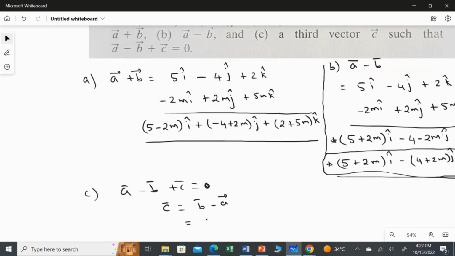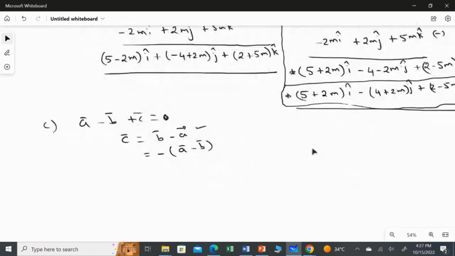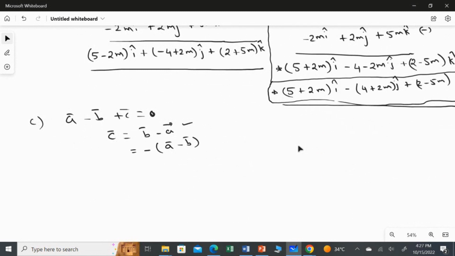I can rewrite this equation as minus of A minus B, am I right? If you multiply this minus inside, again you will get this term. Because why do I write like this? Because we already found the value of this A minus B here. So you can save some time. Otherwise, you have to subtract again and then you have to work it out.